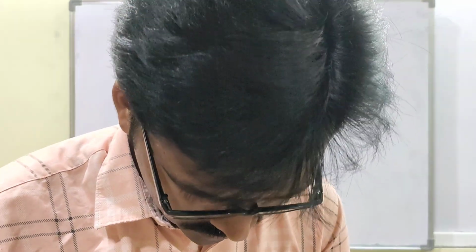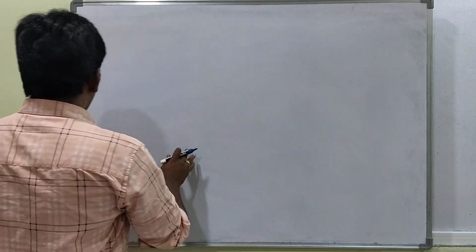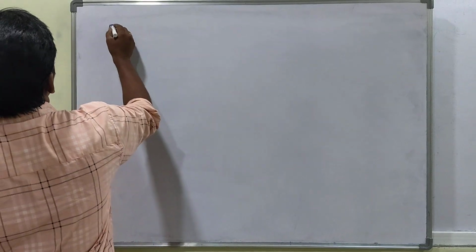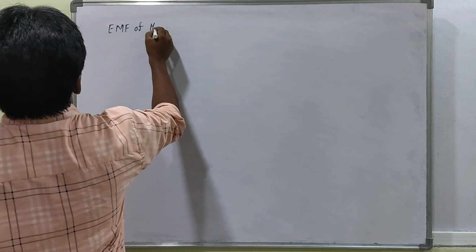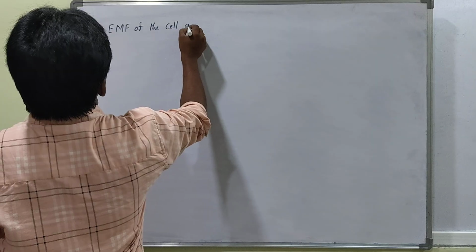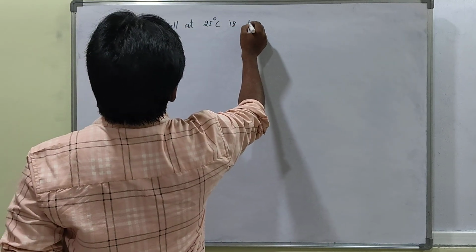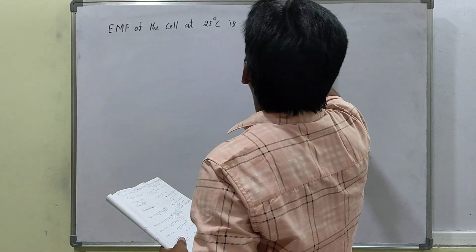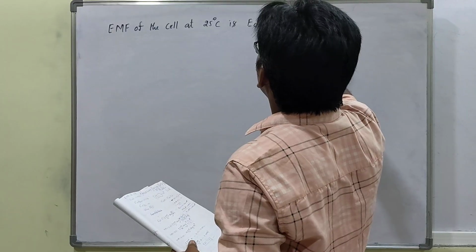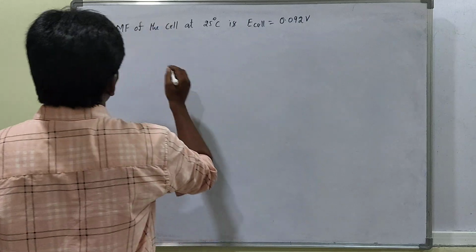Here one more question is given: the EMF of the cell at 25 degrees Celsius is equal to 0.092 volts. He gave the EMF of the cell. Then he mentioned the cell here.